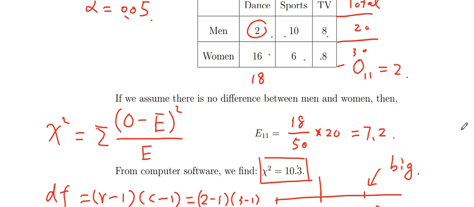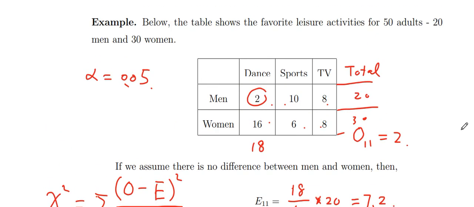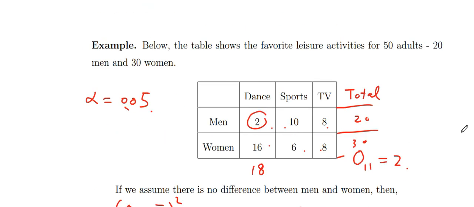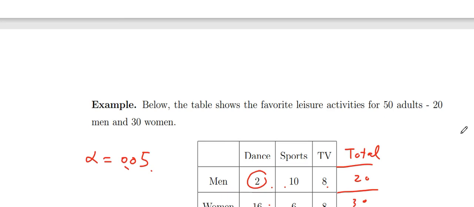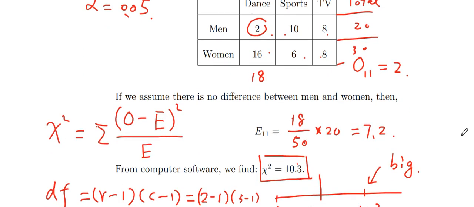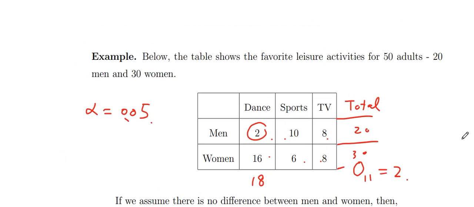So we can answer the question: whether women and men have different favorite leisure activities. We say men and women do have a difference, like women like dance more than men.